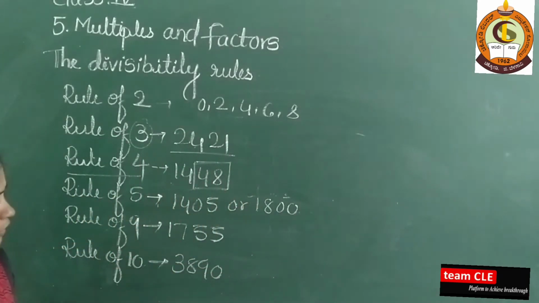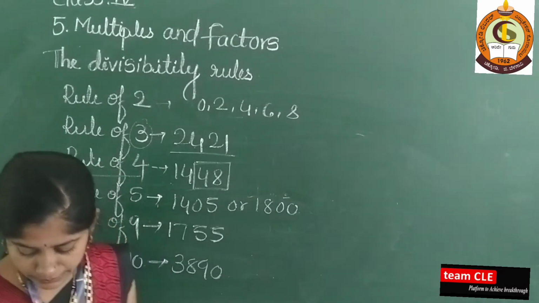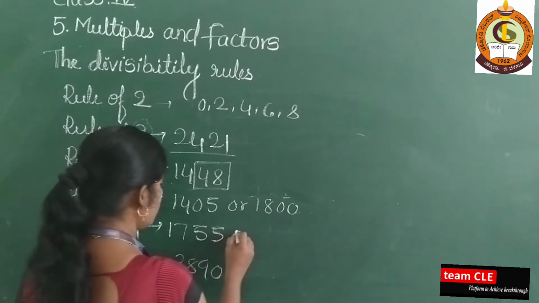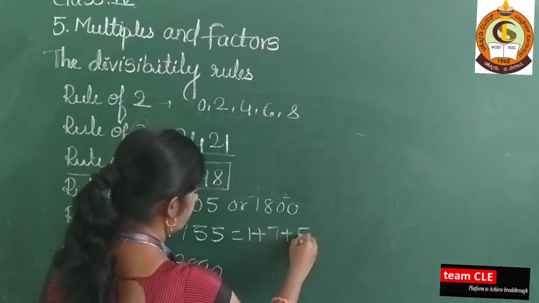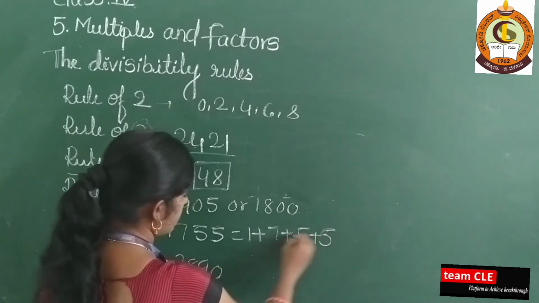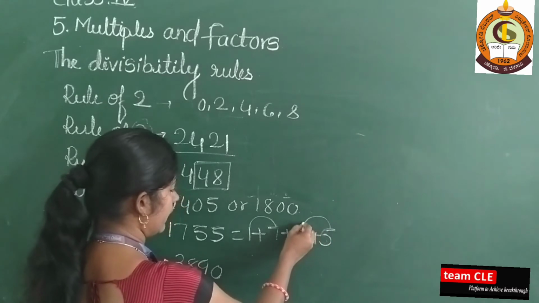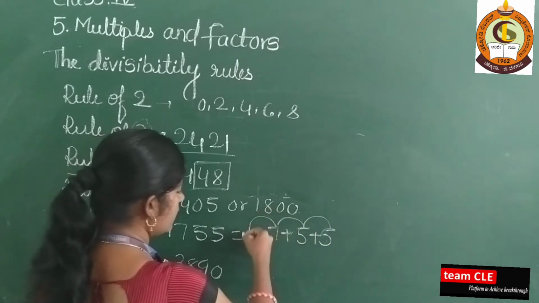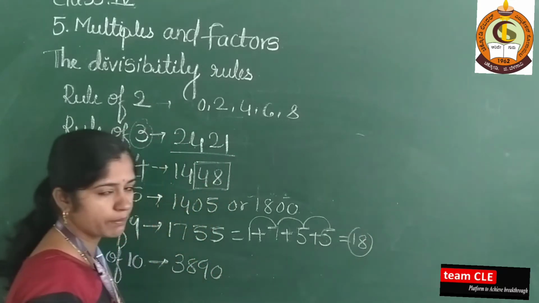Next, you take one more rule, the rule of 9. See here, again you have to follow the same procedure. Okay, you have to add the digits. So add 1 plus 7 plus 5 plus 5. 1 plus 7 is 8. Otherwise, you add 5 plus 5 is 10. 10 plus 7 is 17. 17 plus 1 is 18. Yes, 18 is a multiple of 9.